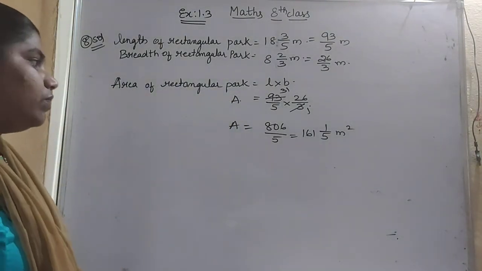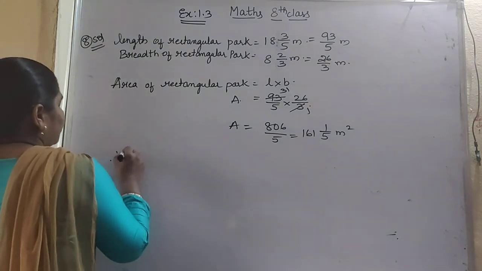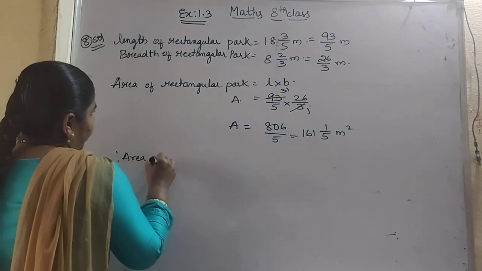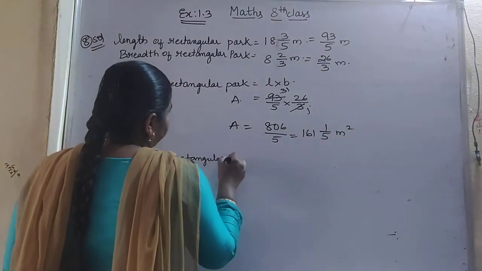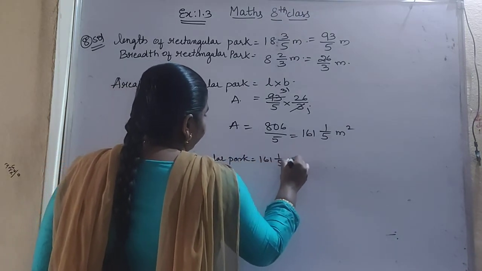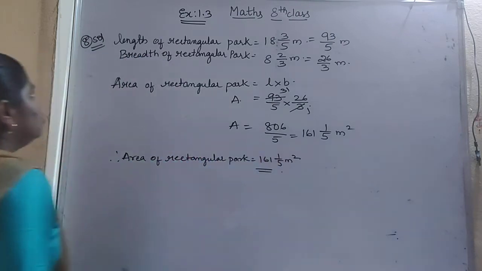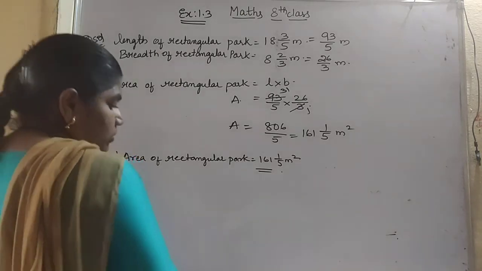That is 161 1/5 meter square. Therefore the area of the rectangular park is 161 1/5 meter square. So this is our 8th solution. Next is the 9th one.